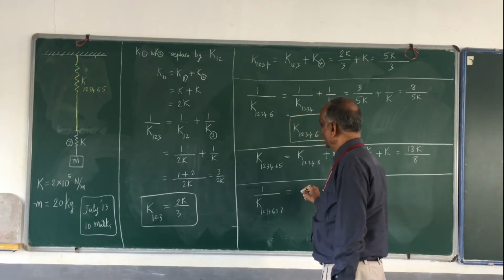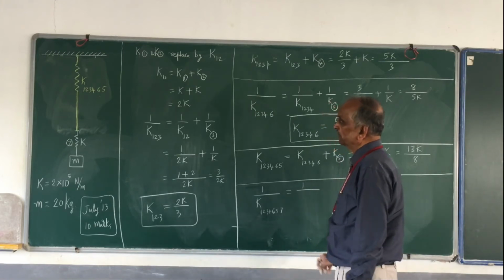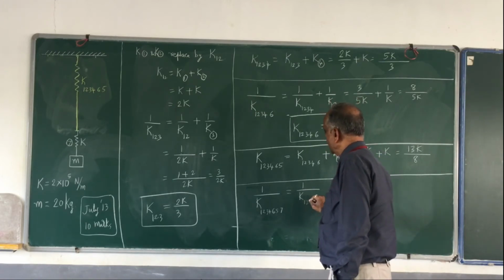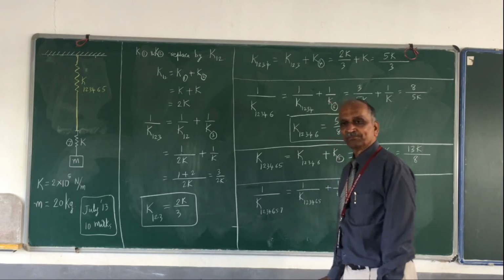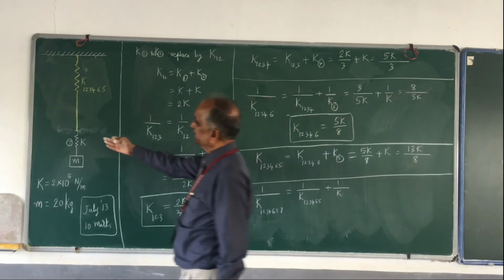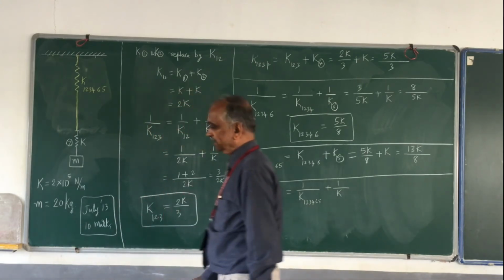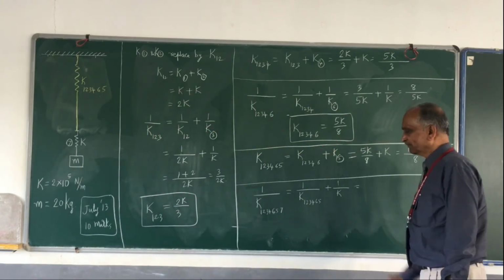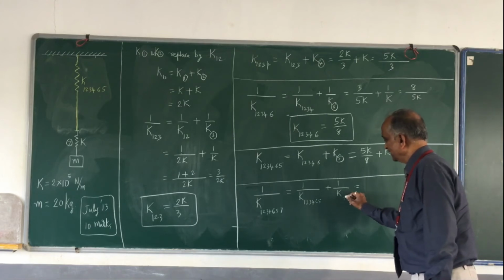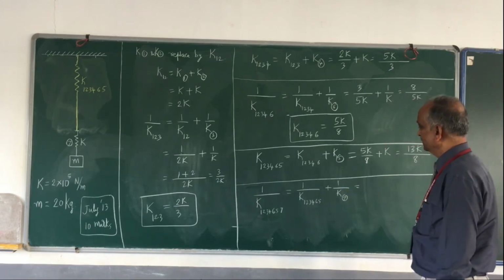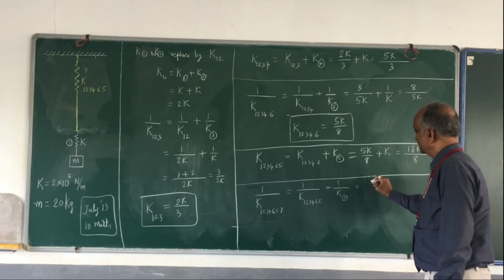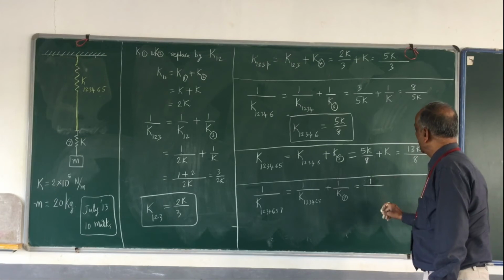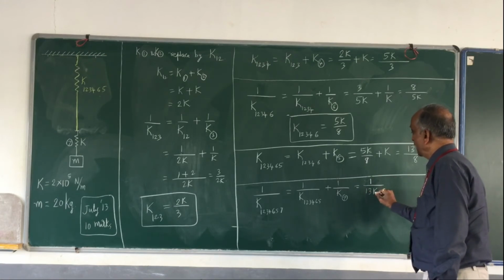This is equal to the sum of 1 upon K of 1, 2, 3, 4, 6, 5 plus 1 upon K7. K7 is what? The stiffness of spring 7 is K. So I shall substitute this. This is 1 divided by 13K upon 8.